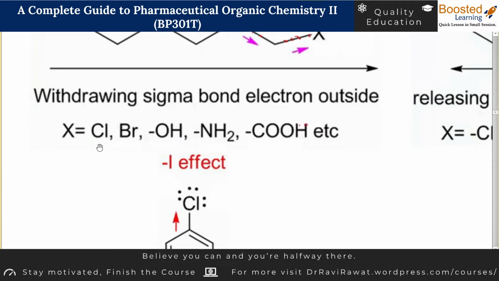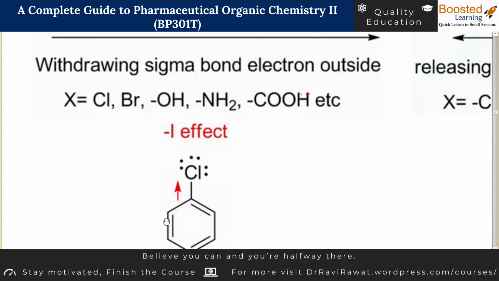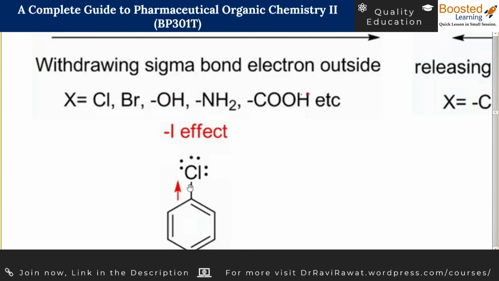Examples of such groups are halogen atoms, hydroxy, NH2, COOH. All of these atoms or groups are more electronegative as compared to the benzene carbon. So that is why when they are attached to benzene, they will pull away the electron density and they will exert negative inductive effect.